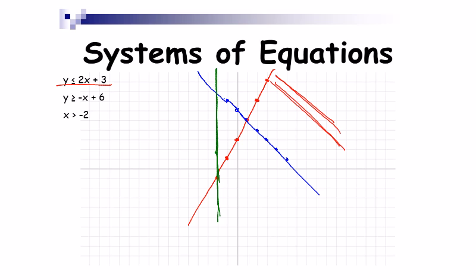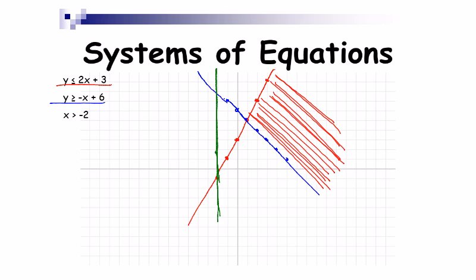Watch where I'm going to shade here, because I know that the blue line is going to be shaded above. So on the blue line, which is the negative x plus 6, I'm going to shade above it, which means I only want to shade where the other areas are intersecting. So there's my negative x plus 6. And then I'm going to shade to the right of negative 2.